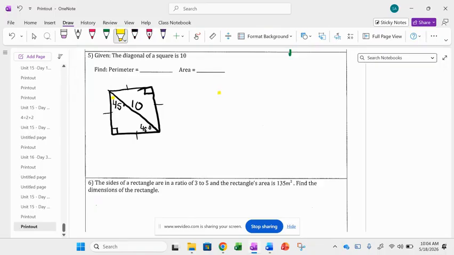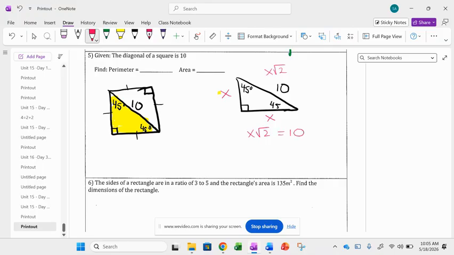This is important to know because now I have a 45, 45, 90 triangle. And we need to remember opposite the 45s are x and opposite the 90 is x root 2. So I'm going to say x root 2 is equal to 10.